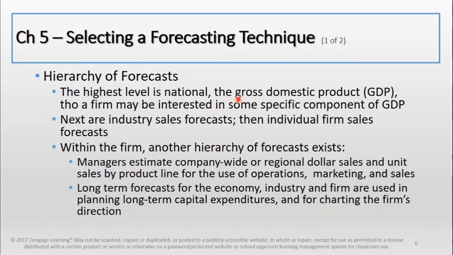The next level in the hierarchy of economic forecast is your industry sales forecast, and then followed by your individual firm's sales forecast. So a simple single firm forecast might take the industry sales estimate and relate this to the expected market share of the individual firm.